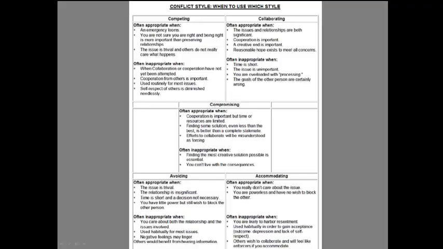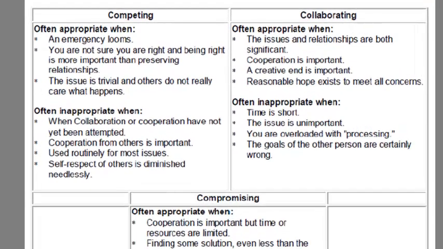Now, in the process, this is going to give you a quick little sheet on when to use which style. In reading that website, that PDF I gave you, there'll be more information on this, but here's a good synopsis of it. Competing, when it's appropriate, when it's inappropriate. And it's very, very interesting. A lot of us have competing as our basic conflict resolution style.